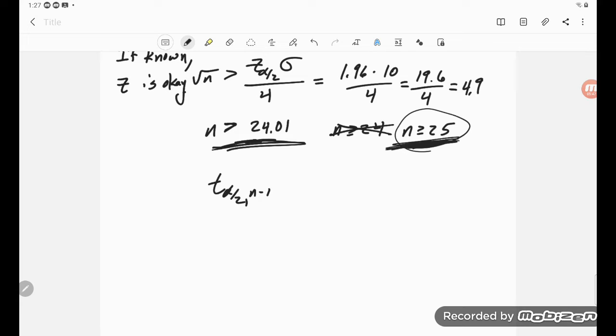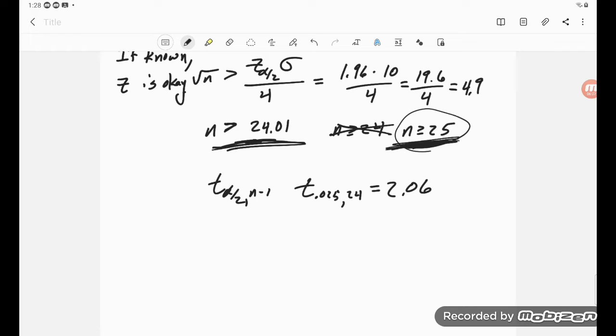And so, I could look at maybe the biggest n that's associated with n equal 25. That would be 2.06, something like that. So t 0.025 and 24 degrees of freedom is equal to 2.06. So I could kind of try that.